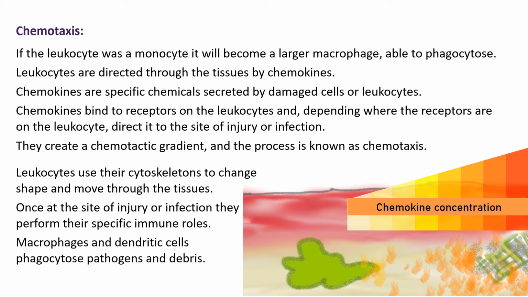Once they are at the site of injury or infection, they can then do whatever their role is. So macrophages and dendritic cells will phagocytose pathogens and the debris of dead host cells. Little neutrophils, of course, will chuck out their nets and release proteases and then quite quickly die.